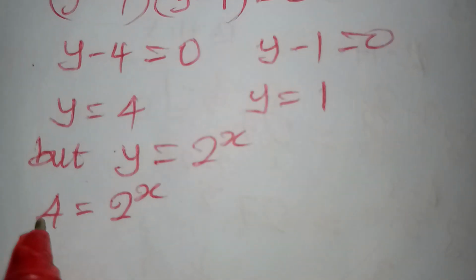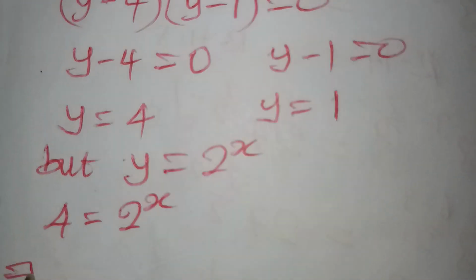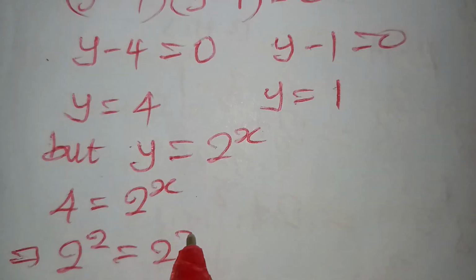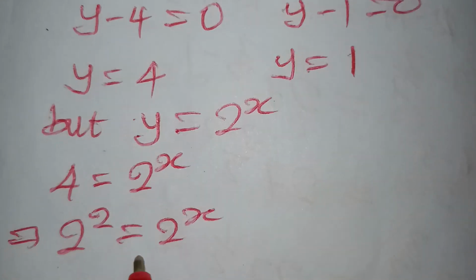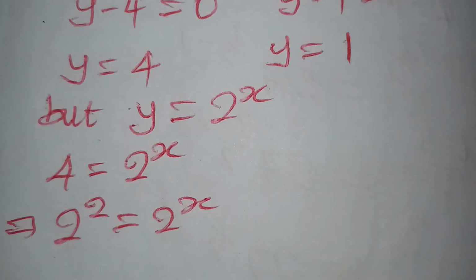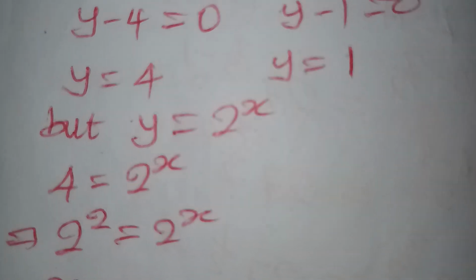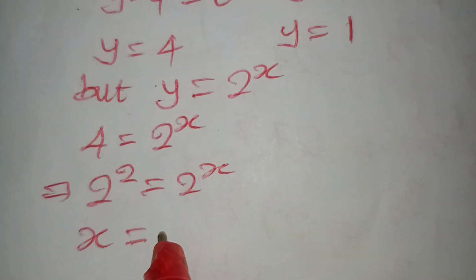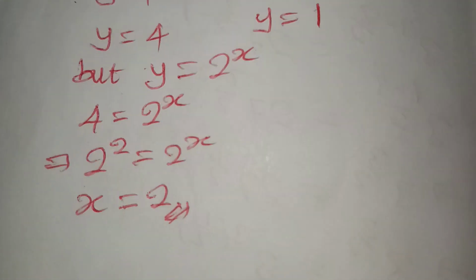We rewrite this 4 in the form 2 exponent 2 equal to 2 exponent x. Now clearly the bases are the same, so we just need to equate the exponents by the law of indices. Equating the exponents, we have x equal to 2 as the first answer.